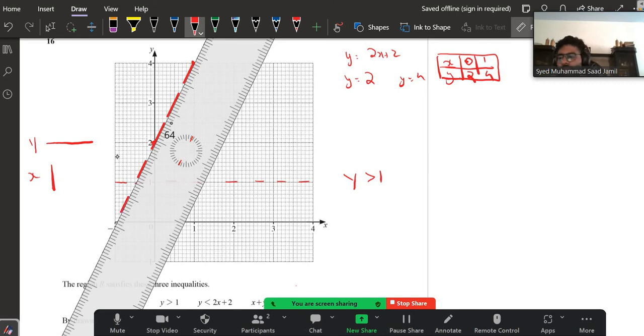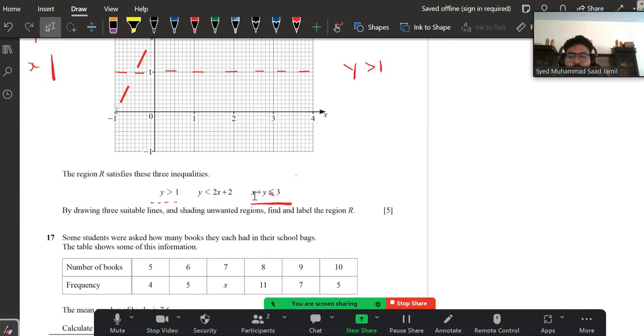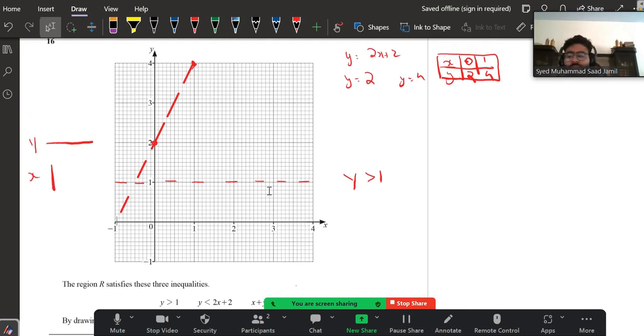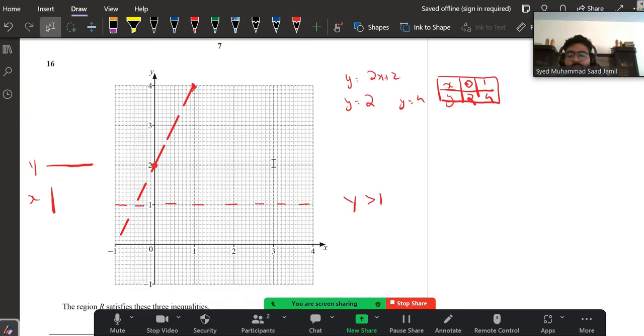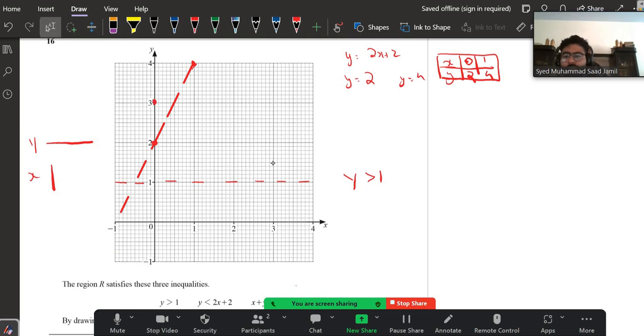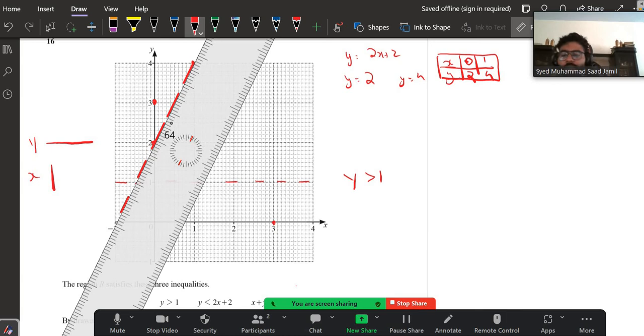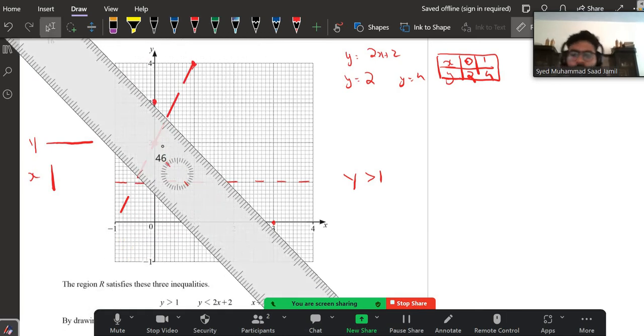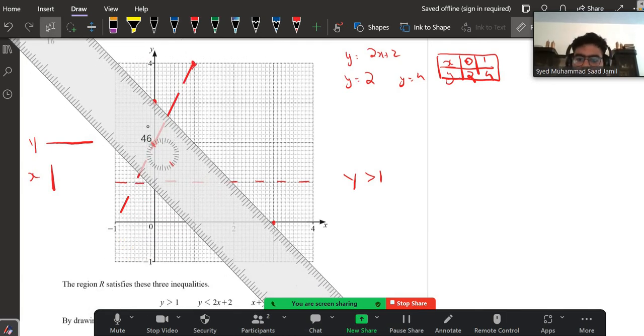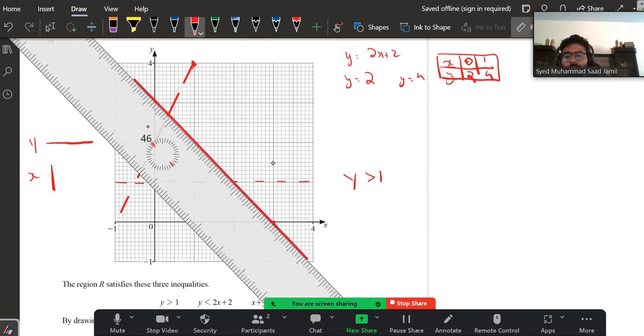Dotted line once again, remember that. Lastly, it says x plus y is less than or equal to 3. Both x and y intersect at 3. Then again, I'll need the ruler. I'll just switch it around, and I'll make a concrete line this time, not a dotted line.